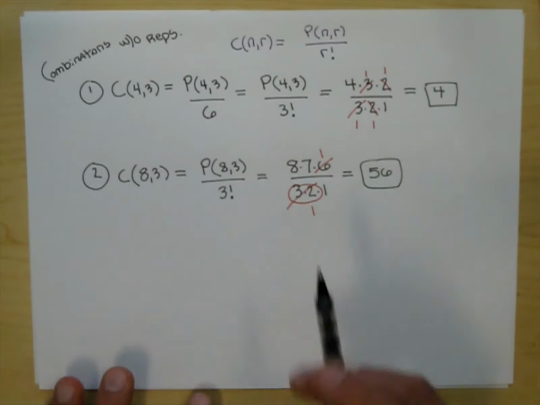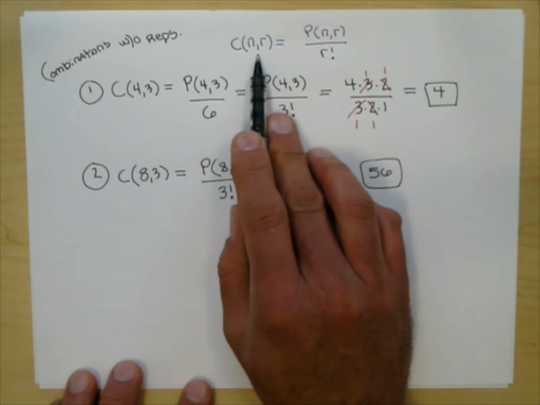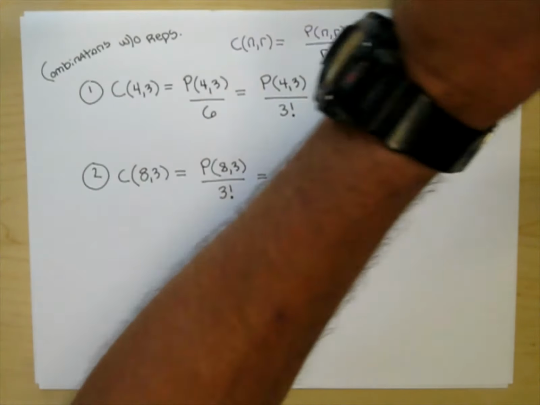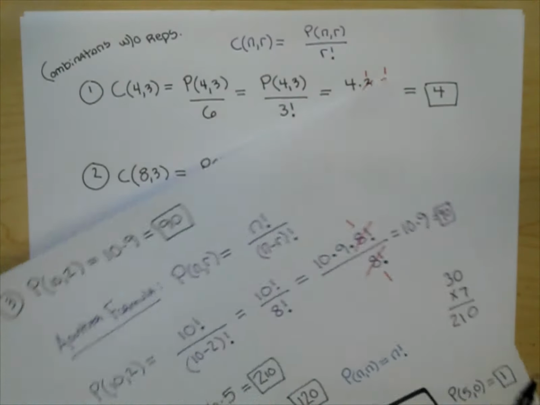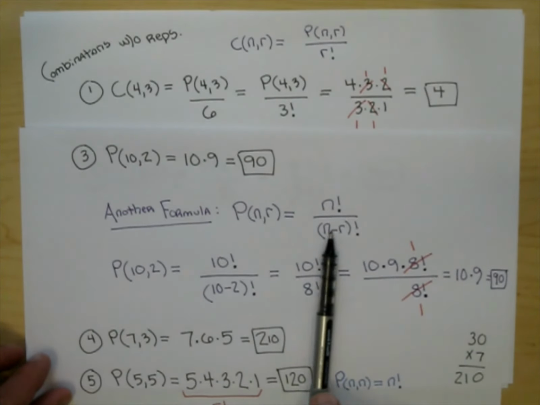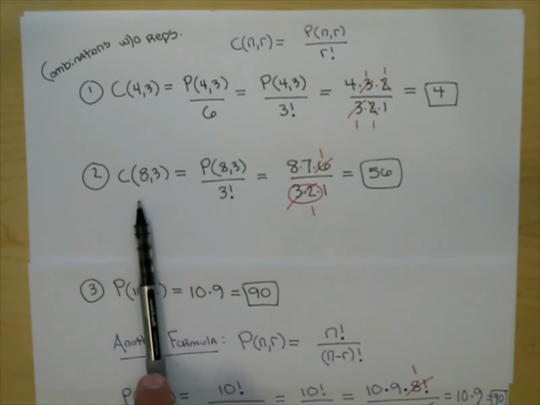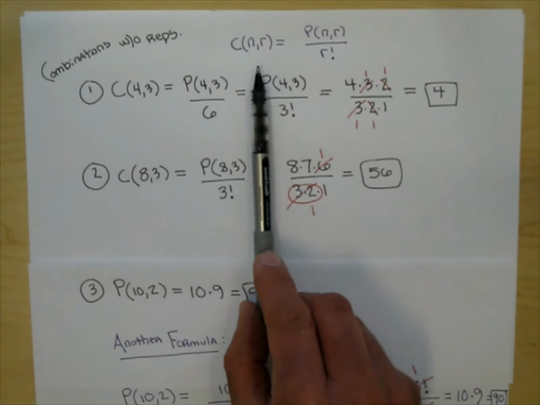So there's really a better formula for combinations. And that's what I'm going to do. I'm going to go ahead and use that formula that we have. Where is it? Here it is. Where we said another formula. And I'm going to redo this problem. And by redoing this problem, I'm going to come up with the better formula.